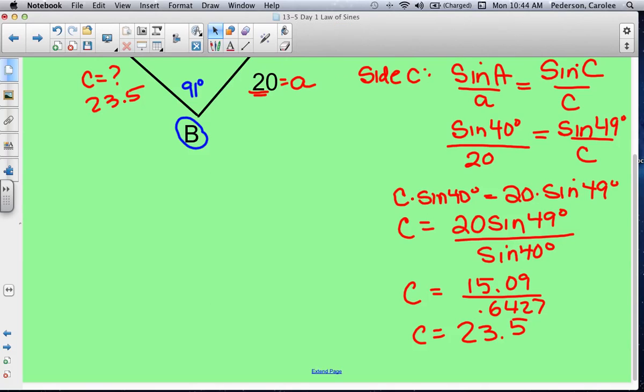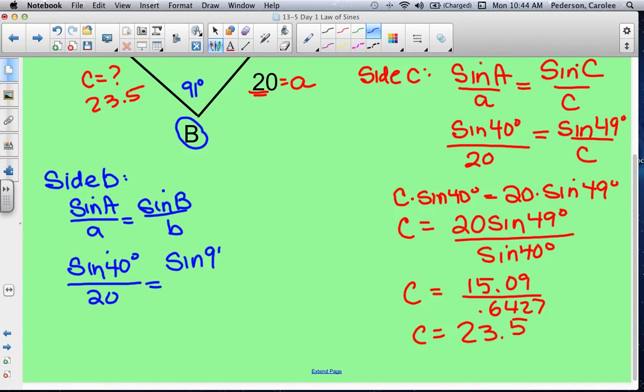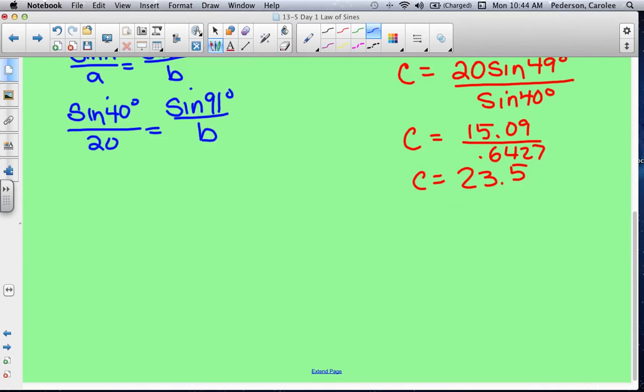Now let's find our last piece, side B. So we say the sine of A over A equals the sine of B over B. And then substitute in what we know. Angle A is 40 degrees. Side A is 20. The sine of B is 91 degrees. And then side B is unknown. And then we use cross multiplication again.